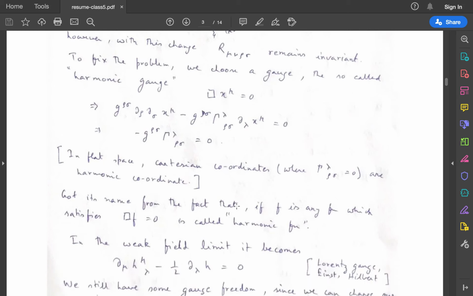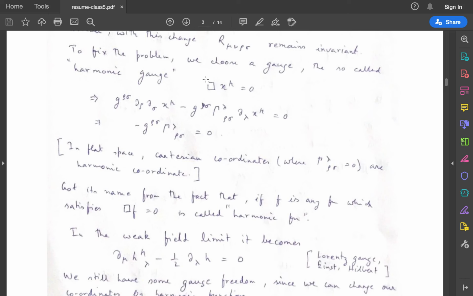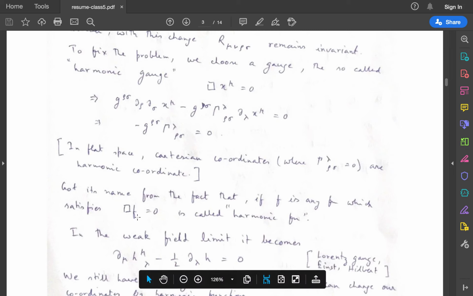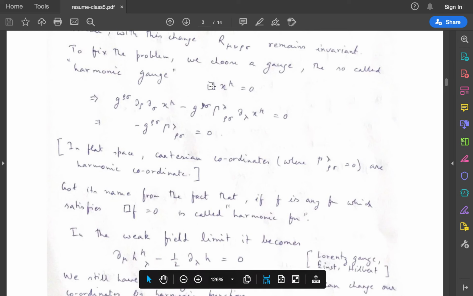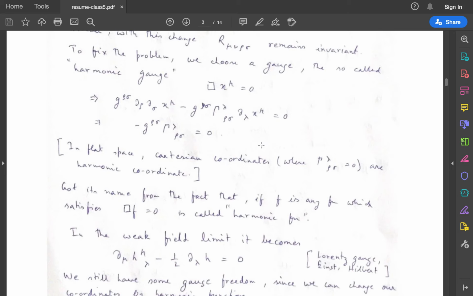This gauge condition got its name from the fact that if f is a function which satisfies this type of equation, then f is called a harmonic function. Here the coordinate takes the role of the function, and so it is known as the harmonic coordinate gauge or harmonic gauge.